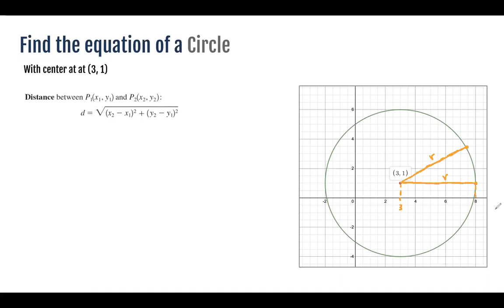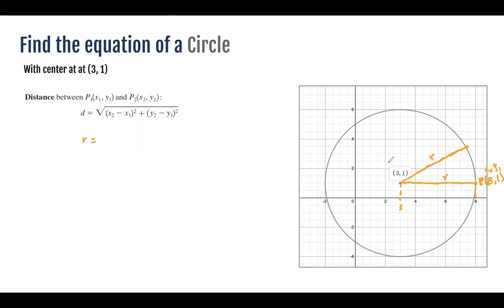But let's use the distance formula. But because we're no longer finding just a distance, but the radius, instead of d, I'm going to write r. And I'm going to call this the point that I'll be using. So let's say that this is point 8, 1, and I'm going to call it x1, y1.